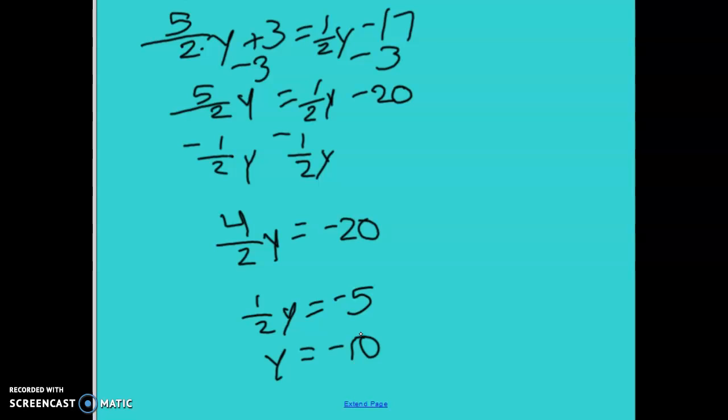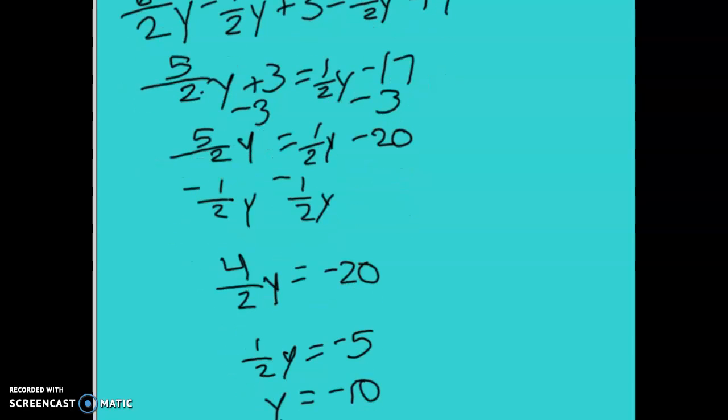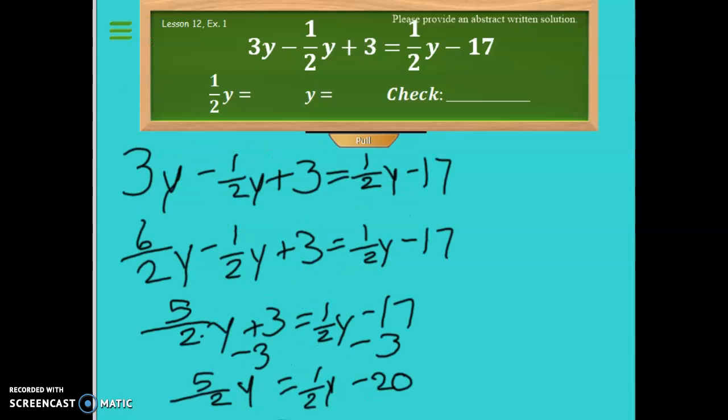Okay? Of course, then we need to go back and check and make sure that we solve this correctly. So we're going to substitute our variables, negative 5 and negative 10. So 3 times negative 10 would be a negative 30, right?